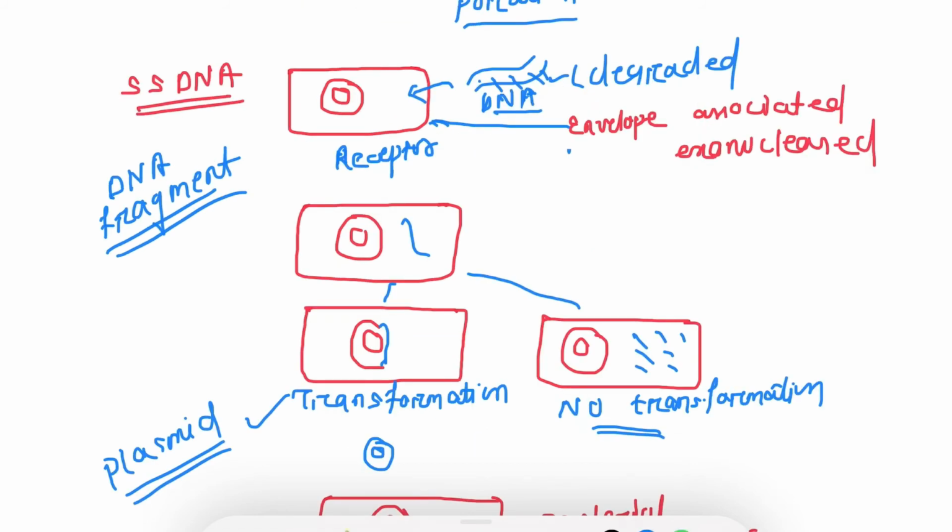So now understand the definition again. Transformation is the uptake of foreign DNA as a single strand, as the other strand is degraded, and its subsequent integration into the bacterial chromosome by homologous recombination.